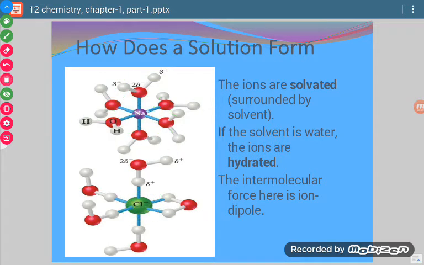If it is a positive ion, then that portion of the polar solvent which is negatively charged will be attracted towards it and get attached. Similarly, if it is a negatively charged ion, then a positive part of the solvent will be attracted towards it. So this way they will be formed. Okay.